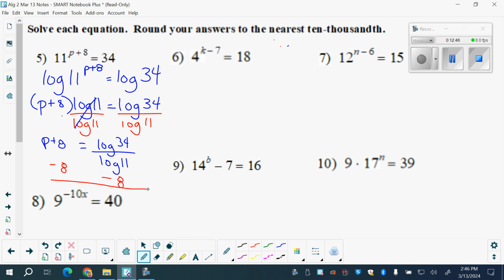Again, on this one, I would recommend that you put all this in your calculator rather than finding an answer for this and then subtracting 8, because we don't want to make a rounding error. When you have to round the answer to the nearest 10,000th, you have to take your other numbers and round higher than that.